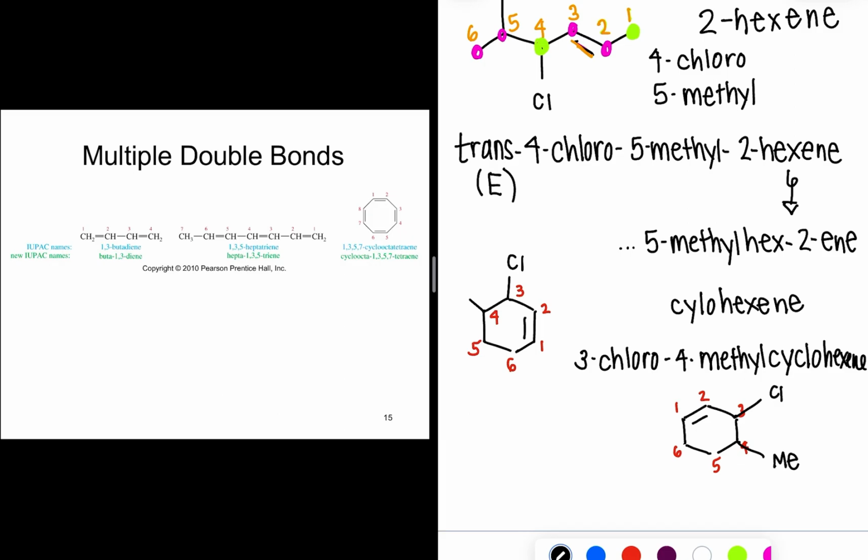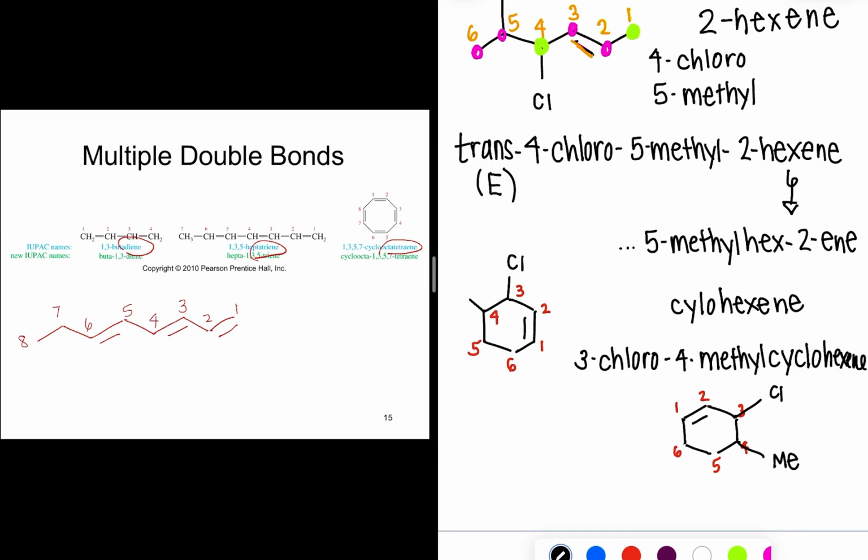If you have multiple double bonds, you are going to convert this into a diene or a triene or a tetraene, and you're going to tell the reader where all of the double bonds start. So if I had this molecule, let's say this one, this would be carbon number 1, 2, 3, 4, 5, 6, 7, 8.